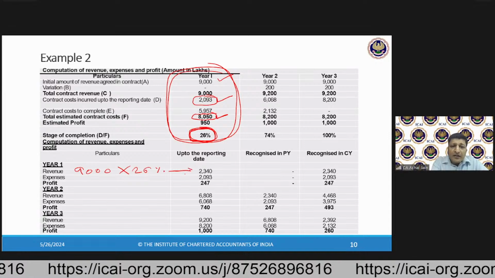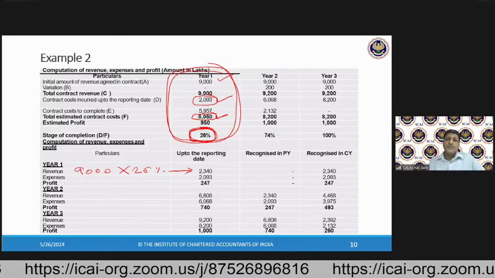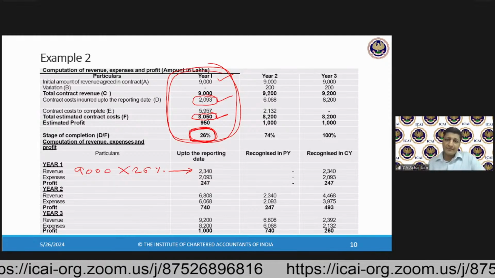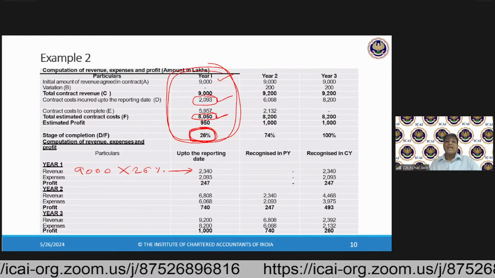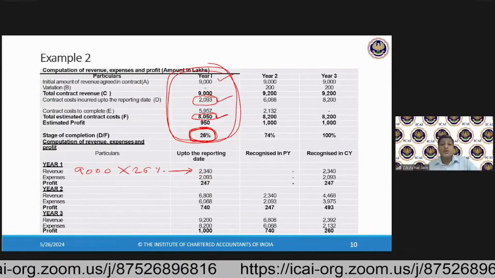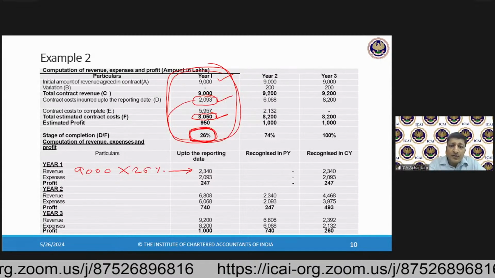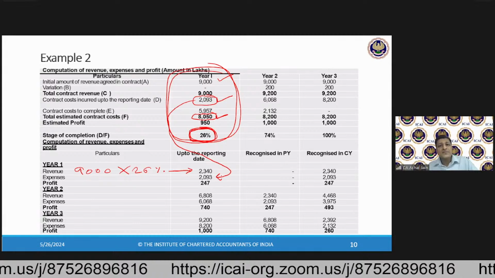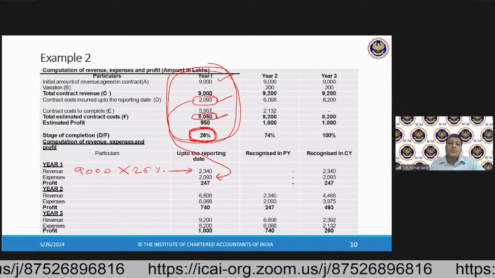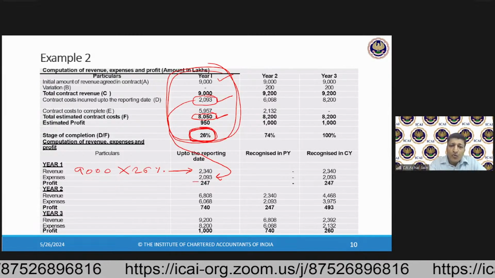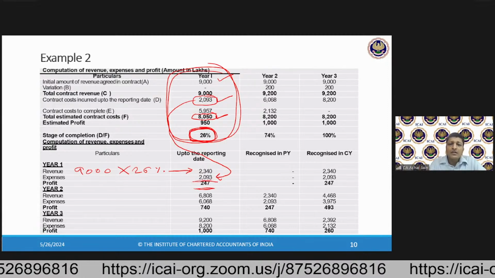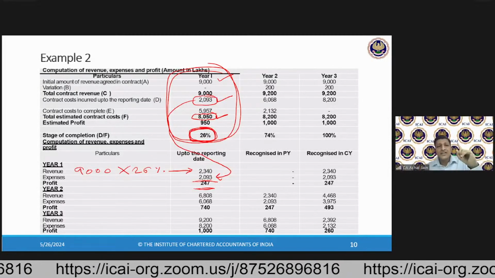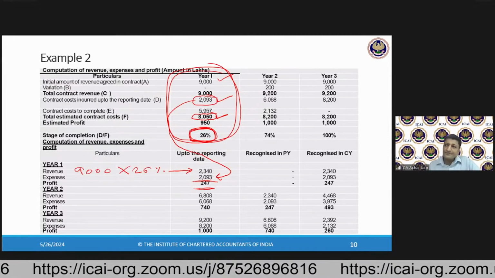What do you get? 2340. That is the amount of revenue. Expense is the actual amount of cost incurred, which is already available: 2093. So what is going to be the profit in the first year? 247. This is the P&L for year one.